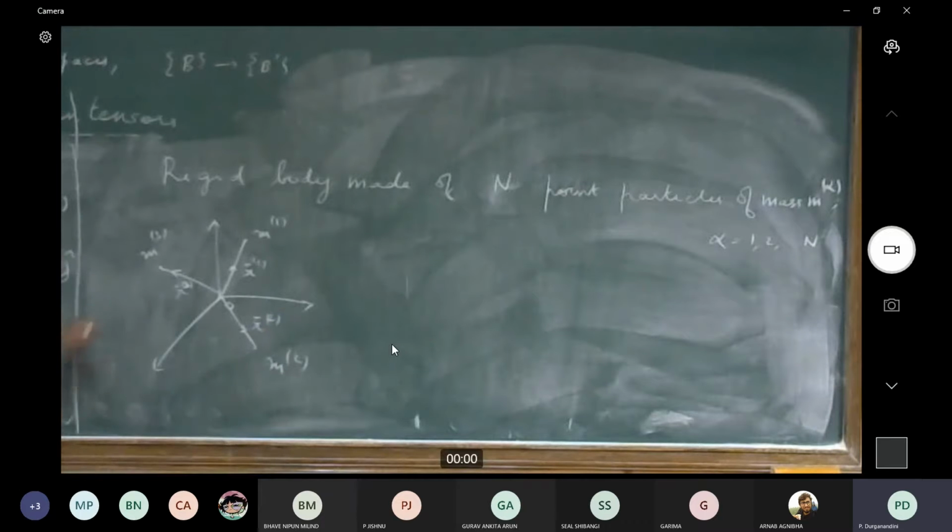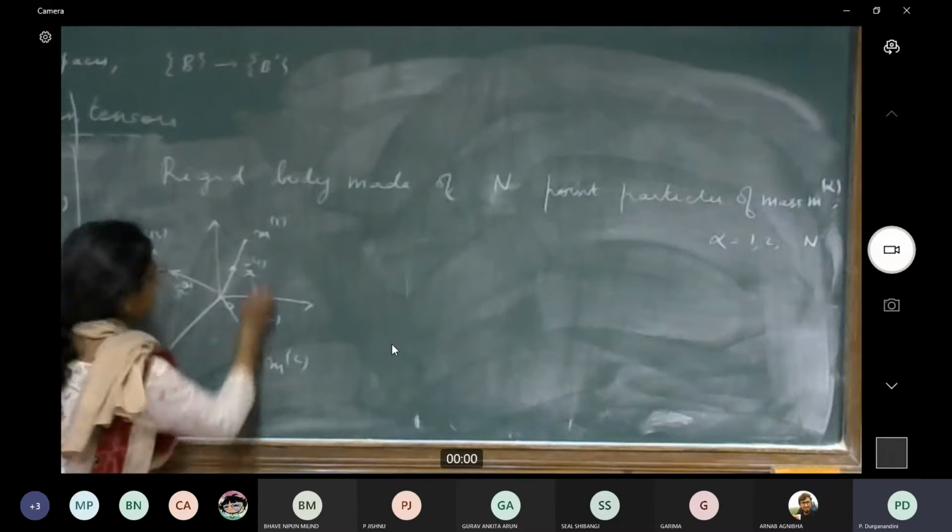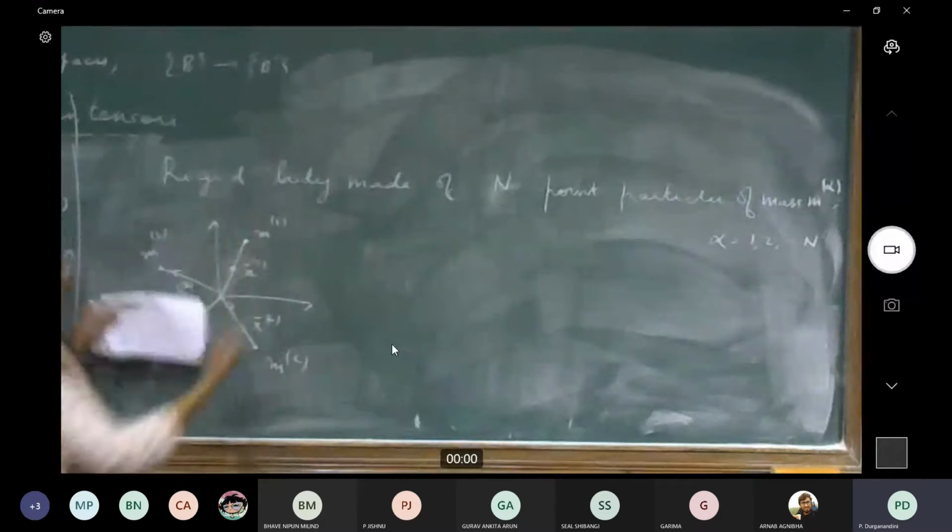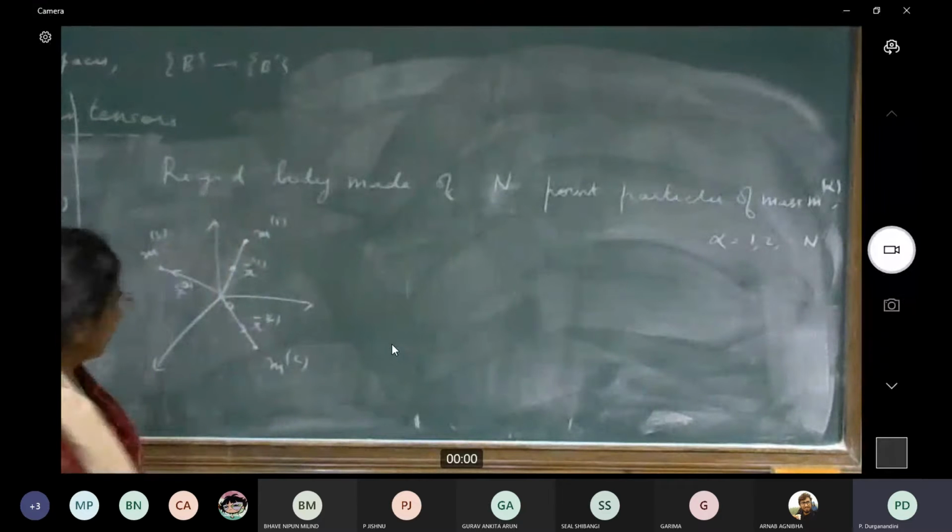You can imagine some light rods, and you have these point particles, each of which has a mass. So I can think of this whole collection as some kind of a rigid body. Right?